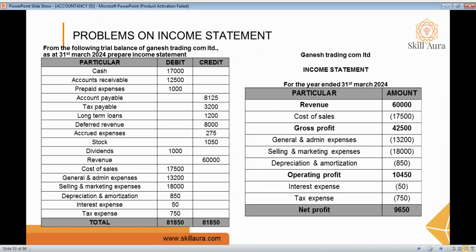Now we'll understand the problem of the income statement. Here, the question is like this. From the following trial balance of Ganesh Trading Company Limited as at 31st March 2024, prepare the income statement.